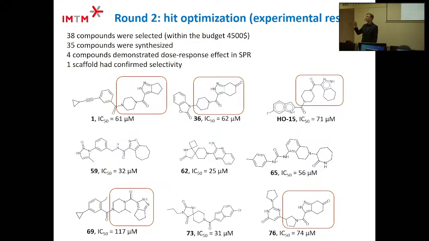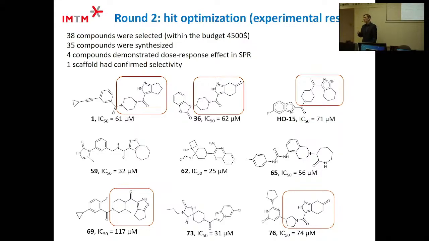Yeah, please. In the previous round, you were talking about binding demonstrated by SPR, and now you are talking about a dose-response effect. No, they measured this dose-response effect using SPR as well. And in the previous case, the IC50 values I demonstrated were also obtained with this technique.